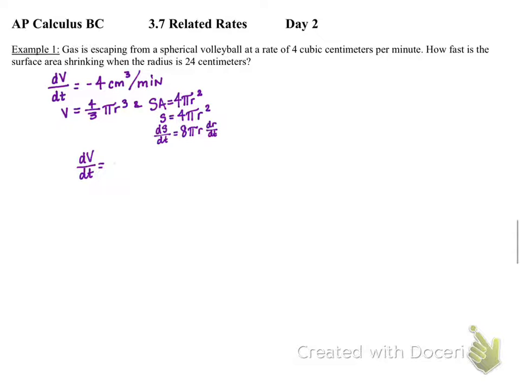So dV/dt is 4 pi r squared dr/dt. And we know that dV/dt is -4, and that the radius we're looking at is 24.